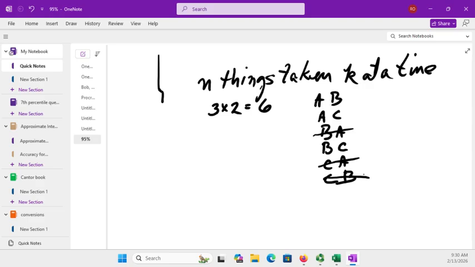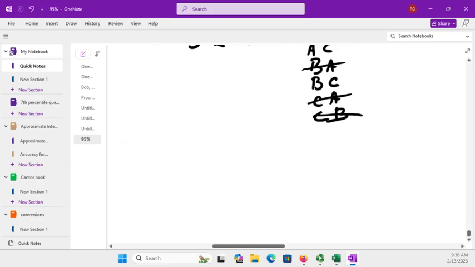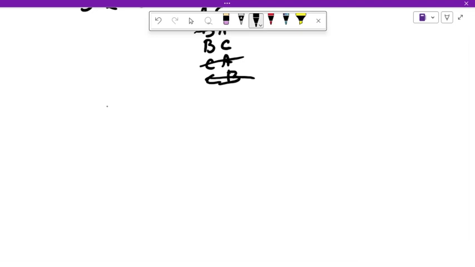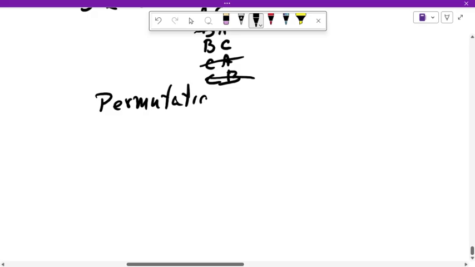What this becomes is permutations. We have n things. We want to take k at a time, and order matters. No repeats and order matters.